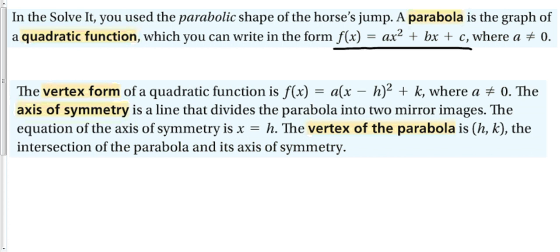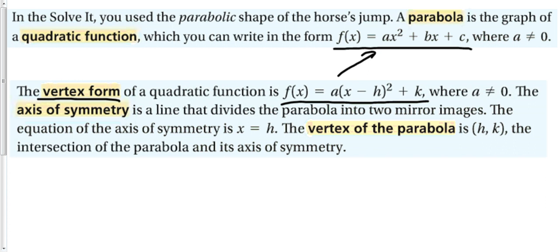This formula right here is standard form. Today, in this section, we're going to talk about vertex form. So my vertex form of a quadratic function is f of x is equal to a times x minus h squared plus k, where a is not equal to 0. Okay. We'll get to that.